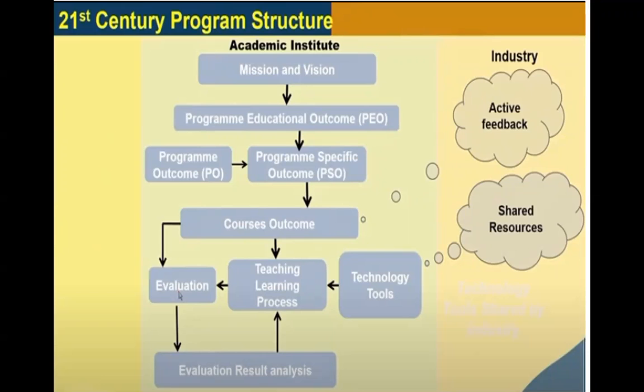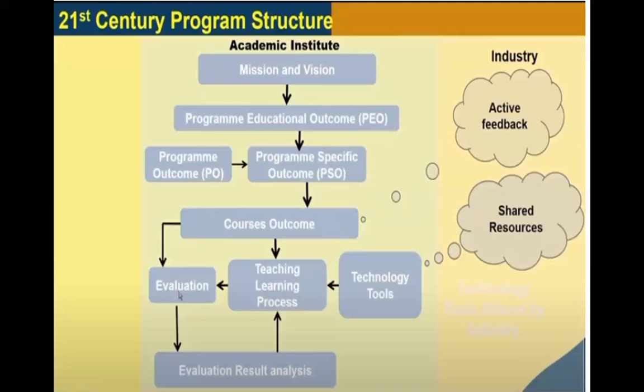What he becomes during the next 5 years after passing out from our institute will depend on the skills that he acquires. So program educational outcomes should state the skills that we are giving to the students when they go through our program. Then below that we have the program outcomes and the program specific outcomes.